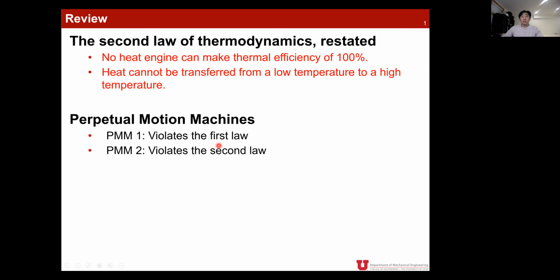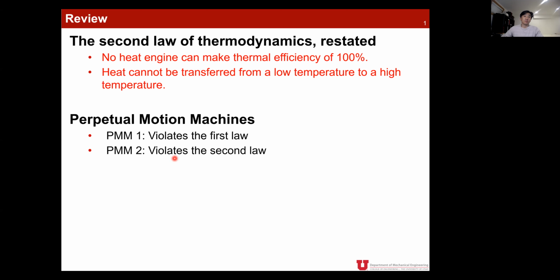That type of machine does not satisfy energy conservation. So even though it may look cool, if it does not follow the first law of thermodynamics, then the machine cannot happen in reality.